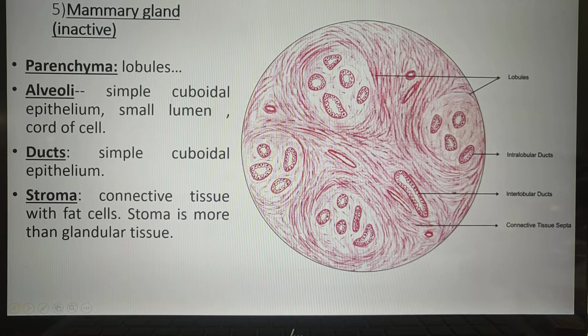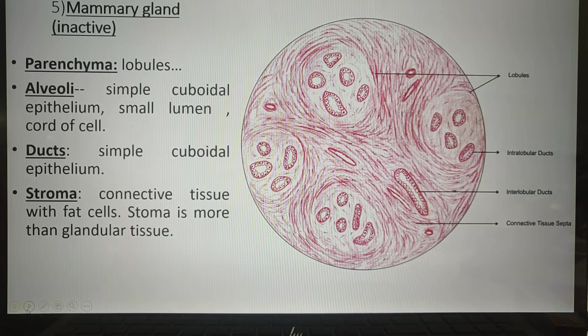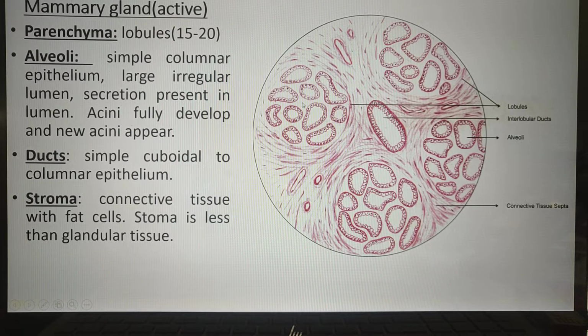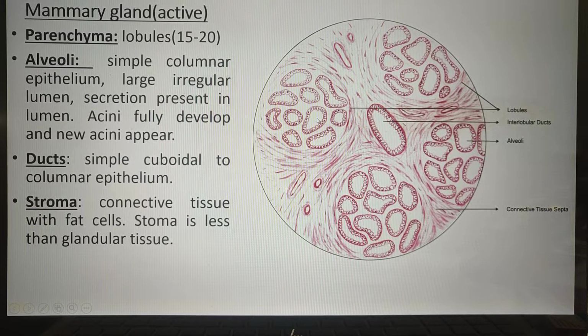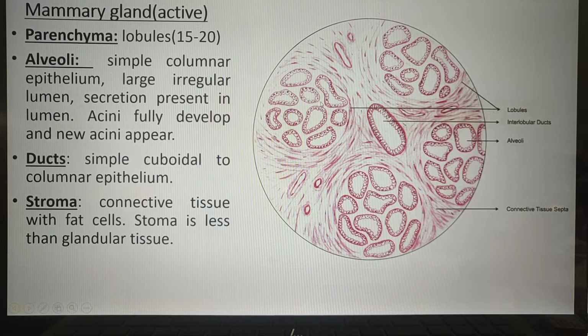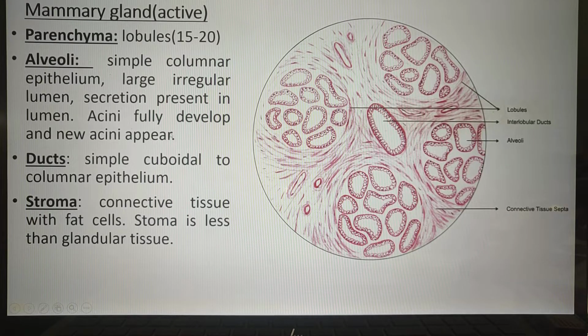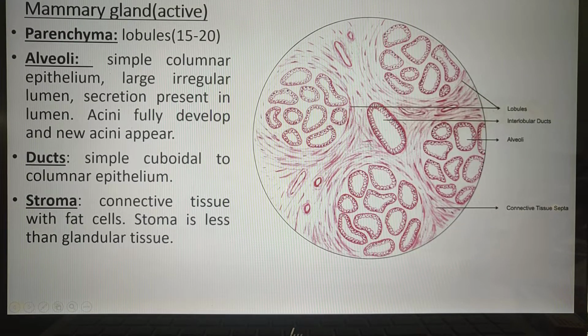So this is the diagram of the inactive stage of the mammary gland. This is the active stage, where the gland, mainly lined by cuboidal epithelium, converts into columnar. The alveoli are lined by columnar epithelium because it is the active stage, with a large irregular lumen, secretion present inside the lumen, acini fully developed, and new acini also appearing. The duct is lined by simple cuboidal epithelium.